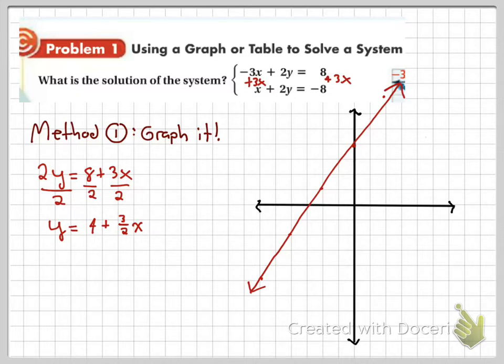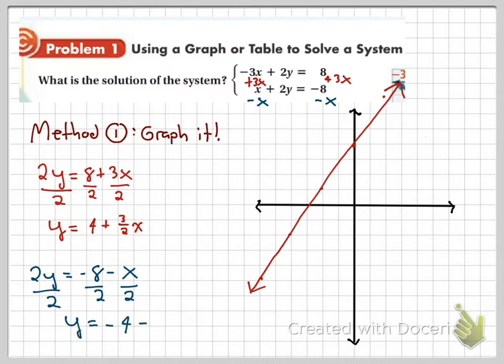To graph the next equation, again, I want to get y by itself, so I'm going to subtract the x on both sides. I'm left with 2y equals negative 8 minus x. Divide everything by 2 again, and I'm left with y equals negative 4 minus 1 over 2x.